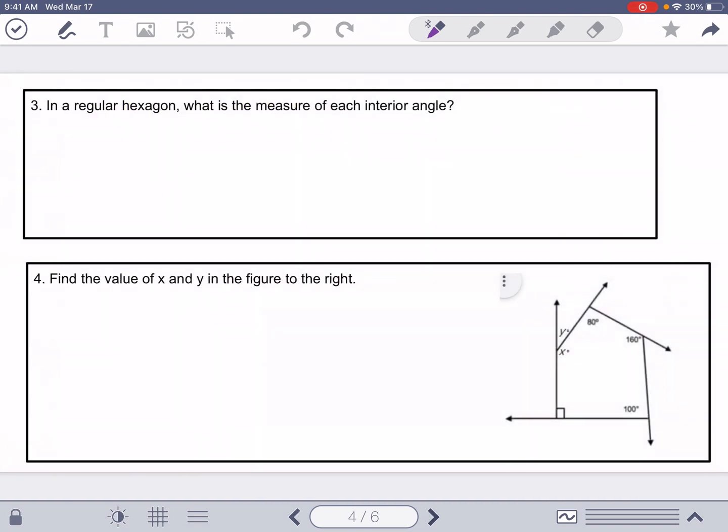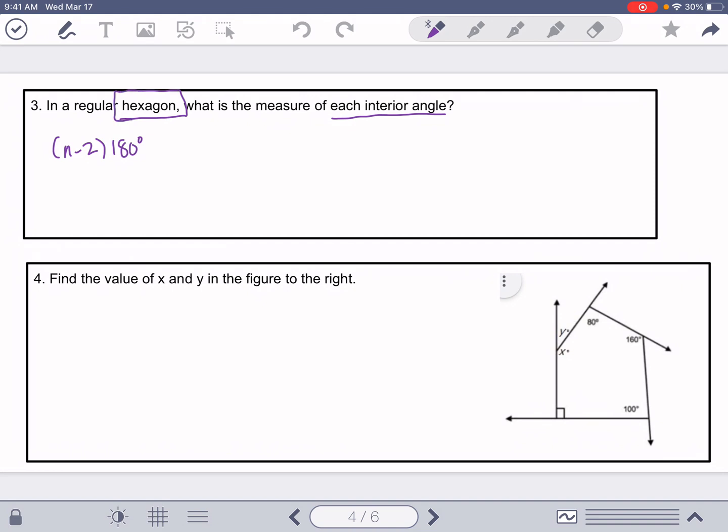All right, example 3. In a regular hexagon, what is the measure of each interior angle? So interior angle uses n minus 2 times 180 degrees. And in this problem, n is the number of sides, and I have a hexagon.